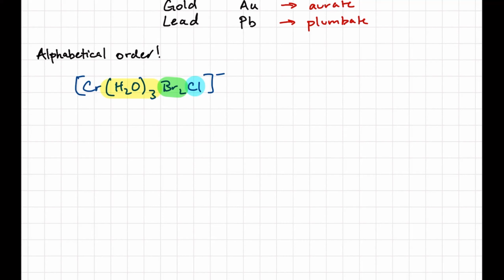Well, the piece in yellow, it's water. And because it's water, I say it's aqua. There's 3 water, so I say triaqua.